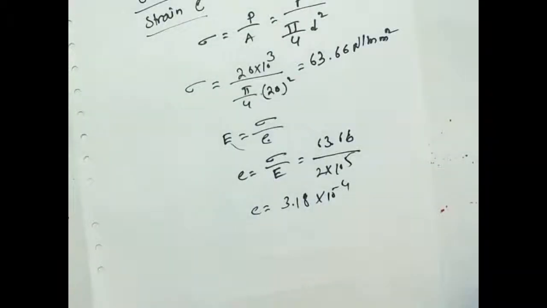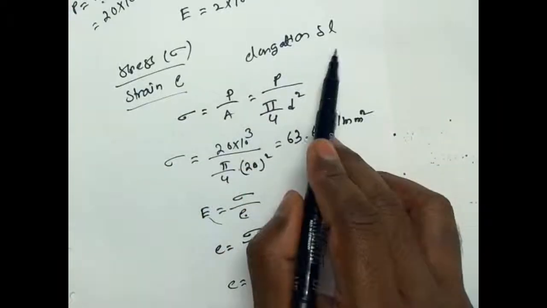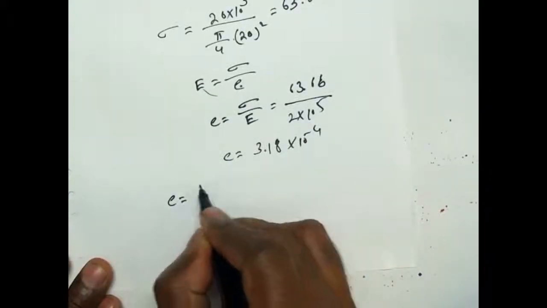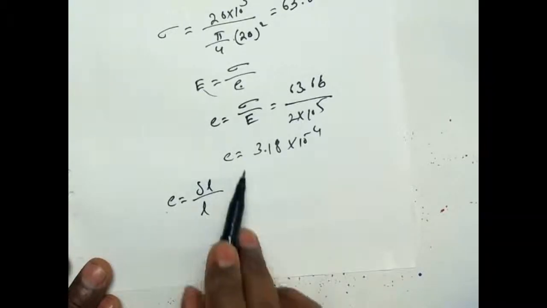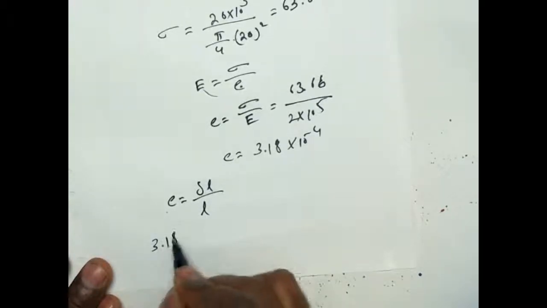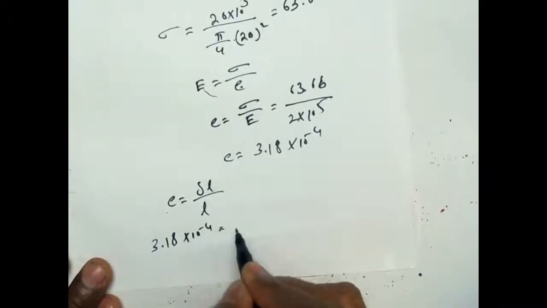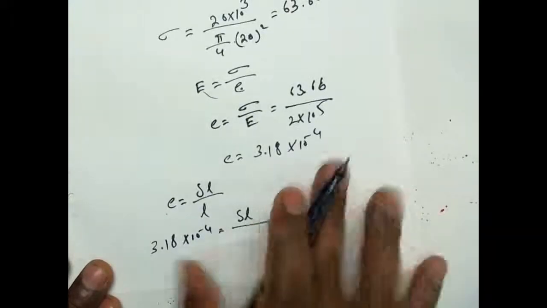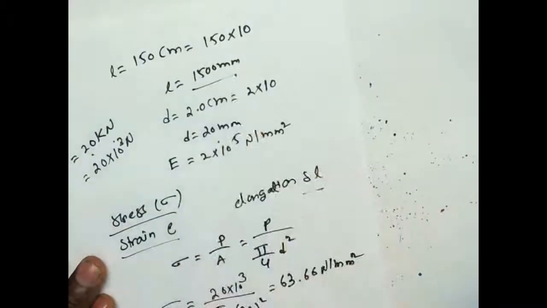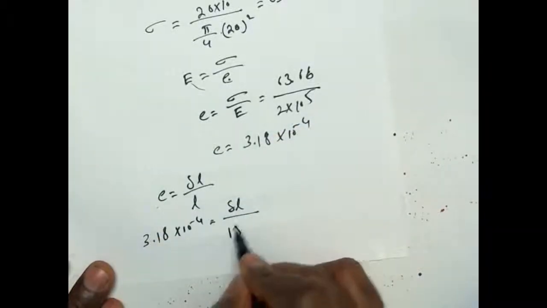Now, what are they asking? Elongation, delta L. Strain equal to change in length by original length. The strain is 3.18 into 10 power minus 4 equal to delta L by L. We don't know delta L. What is L? L is 1500 mm.